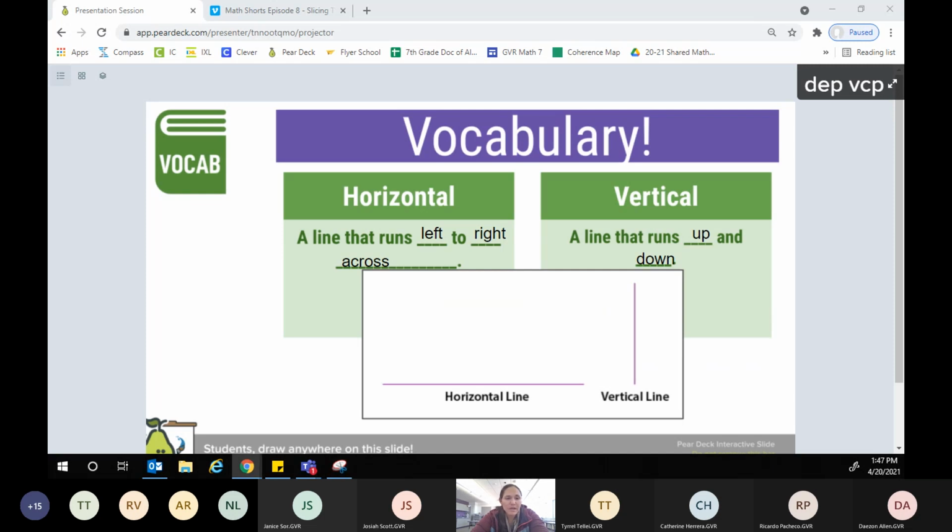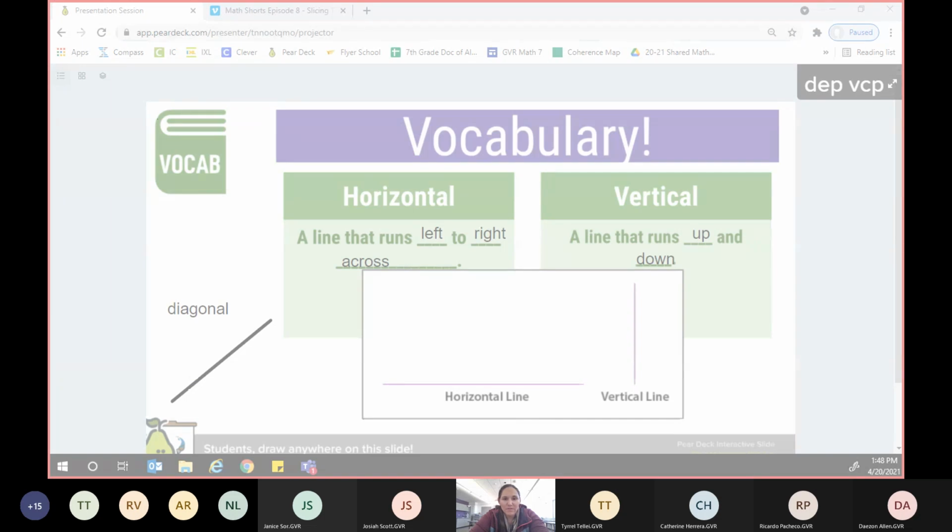Now there's one more. If we made a cut kind of like this, and it wasn't totally left to right, and it also wasn't totally up or down, that would be diagonal. So if it's not perfectly across and it's not perfectly up and down, that's diagonal.